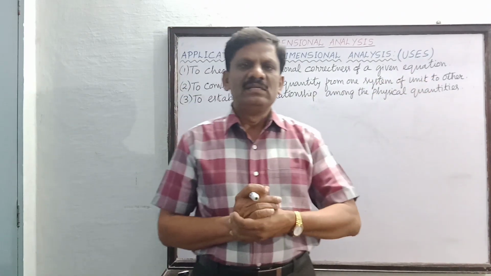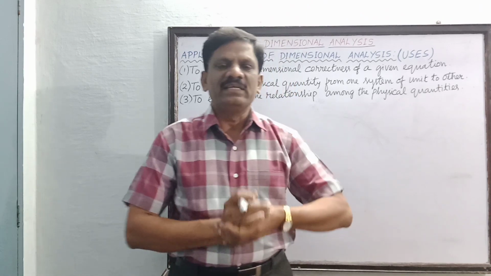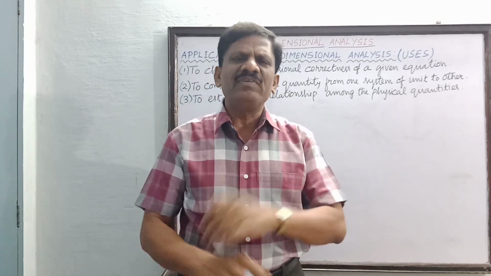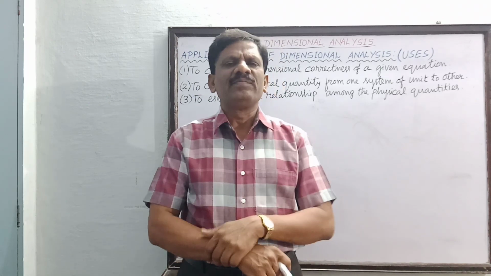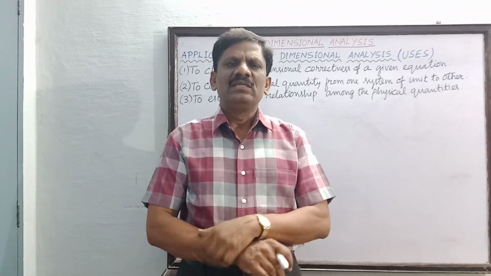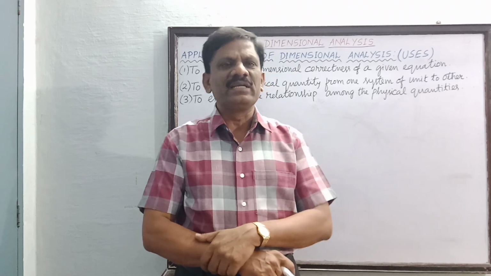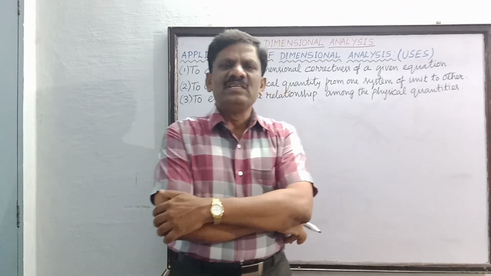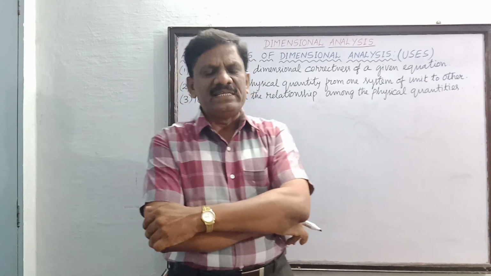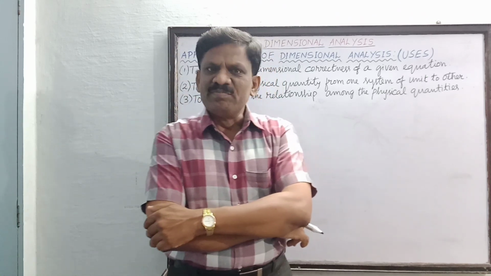Now in science, particularly in physics, we have studied a lot of equations right from our secondary classes. The lens formula, the mirror formula, the equations of motion for rectilinear kinematics, the energy-mass relation E is equal to mc square, and the period of a simple pendulum.